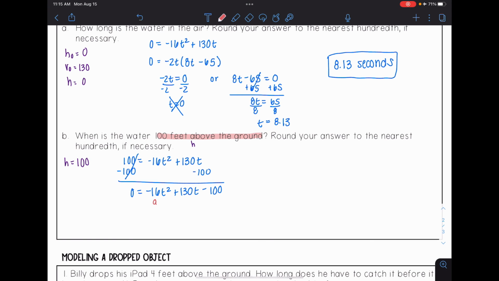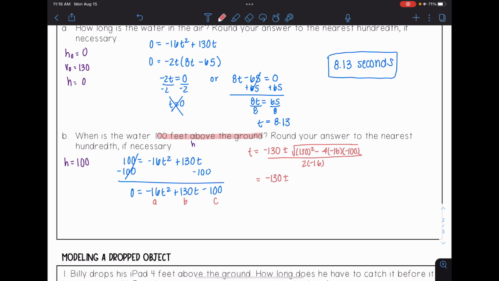So my a is negative 16, my b is 130, and my c is negative 100. And so I get that t is equal to negative b, so negative 130, plus or minus the square root of 130 squared, minus 4 times a, which is negative 16, times c, which is negative 100, all over 2 times a, which is negative 16.